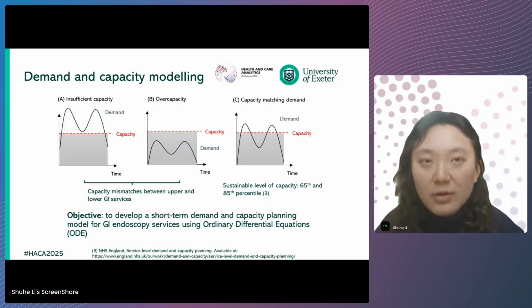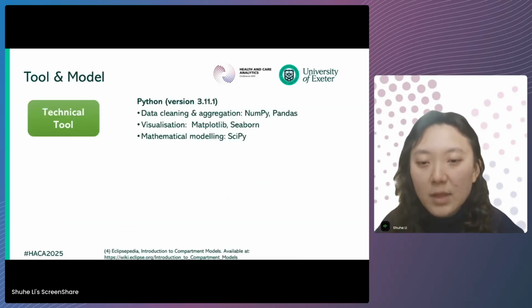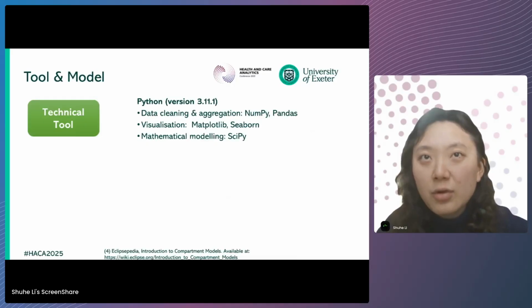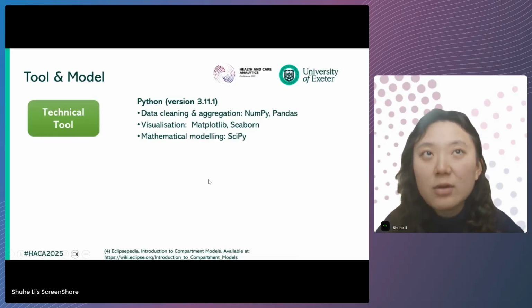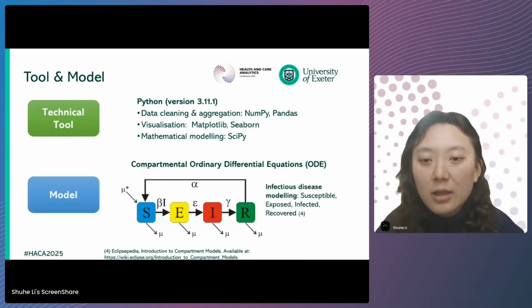using ordinary differential equations. For the technical tool, I primarily used Python for coding, and SciPy was employed for the mathematical modeling. The specific mathematical framework I used is called compartmental ordinary differential equations.